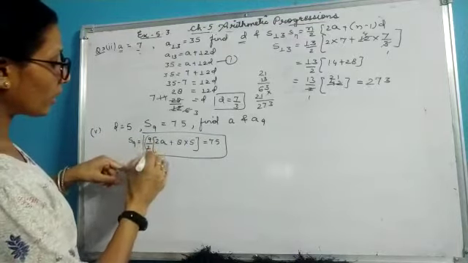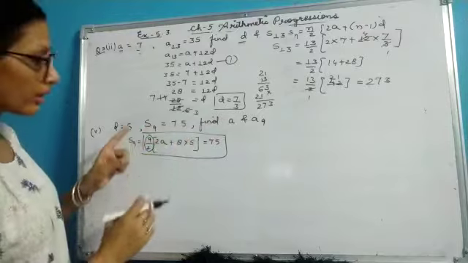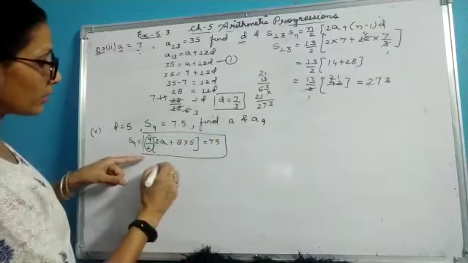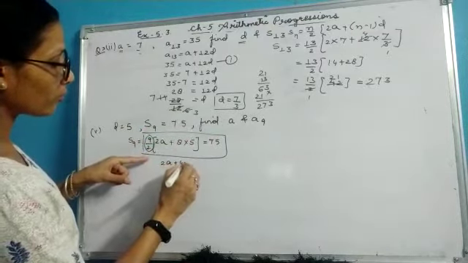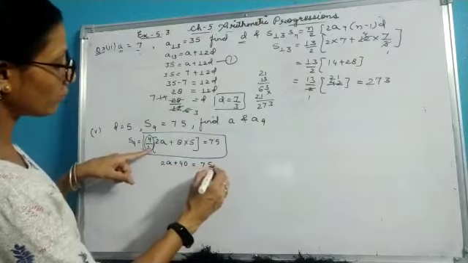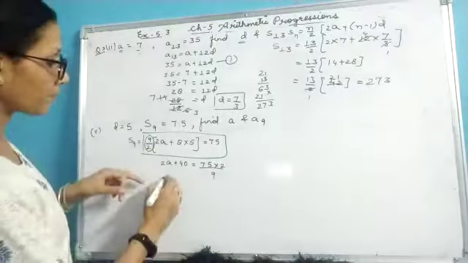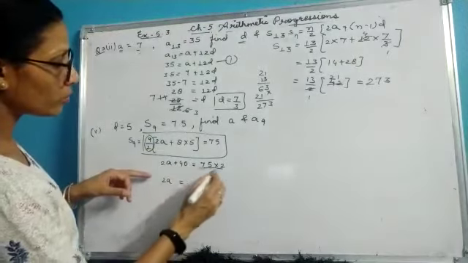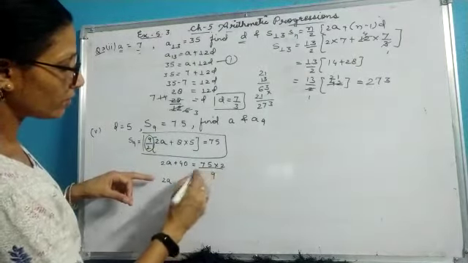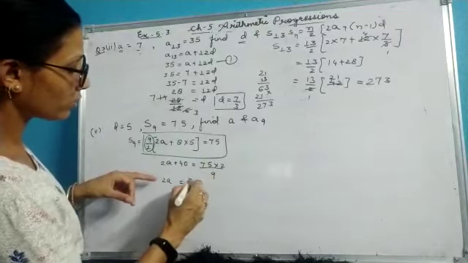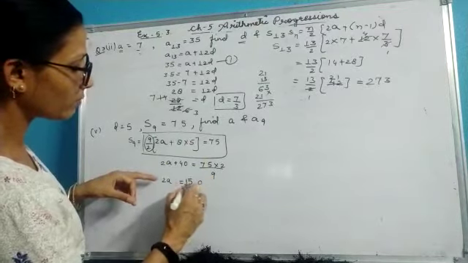First of all, I will try to move 9 by 2 to that side. So I will be taking it as 2A plus 40 equal to 75. This 2 will go in the numerator and 9 will come in the denominator. So this is 2A equal to, I can say 75 into 2 multiplied, 5 2s are 10. So it is coming out to be 150 by 9.